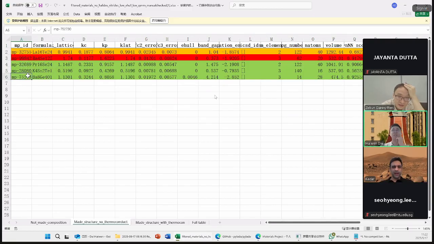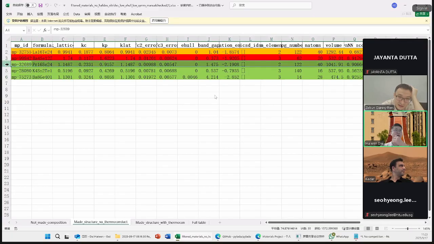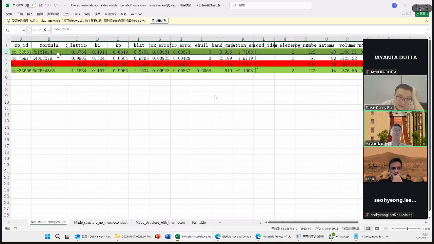Does it match the same space group or not? I checked the CIF file atom by atom, and they match. The only exceptions are this one and this one. Materials Project calculations use an ordered version, but experimentally it's a disordered version.